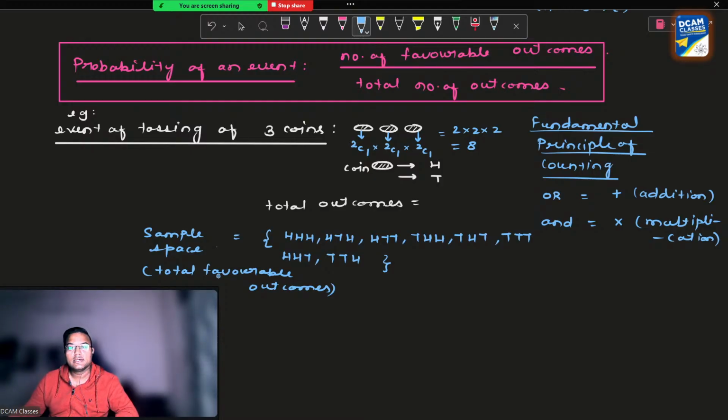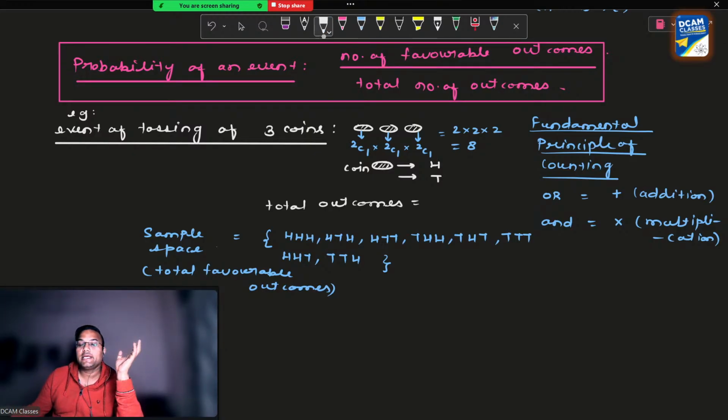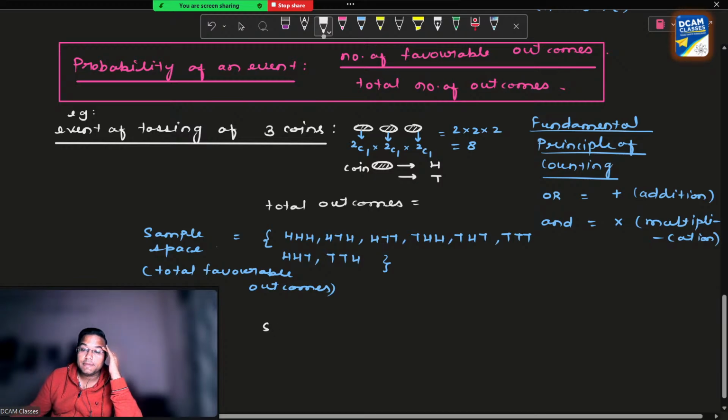Haripriya, without actually writing, can you tell me the sample space, meaning how many outcomes of throwing two dice?